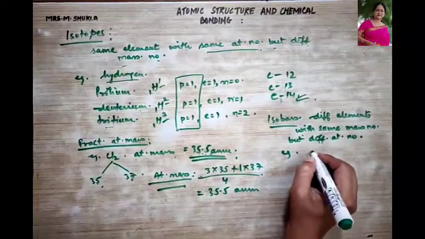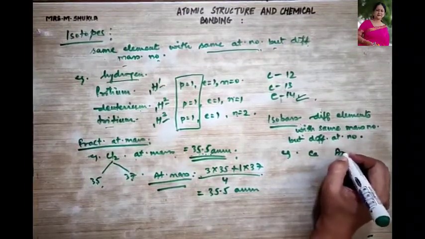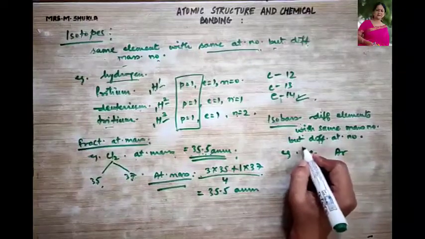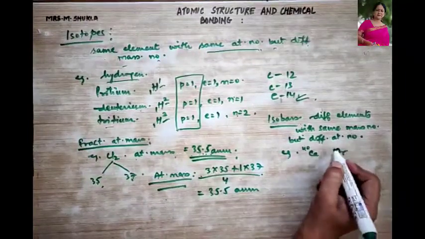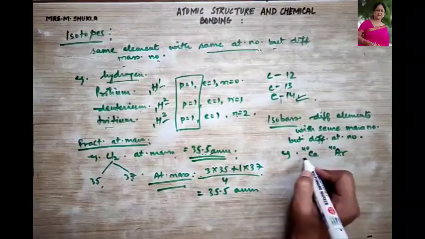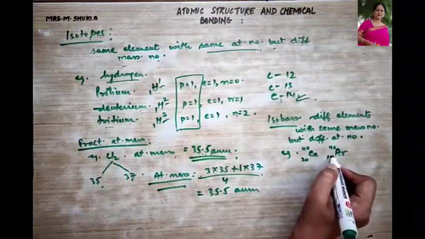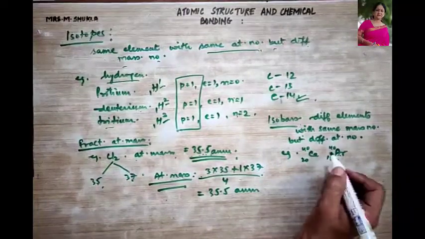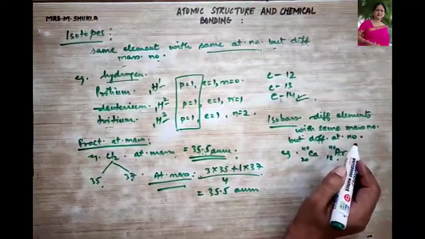Example you can take calcium and argon. Calcium atomic mass is 40 and argon atomic mass is also 40, whereas their atomic numbers are different. Calcium it is 20 and argon it is 18. So these are the isobars.